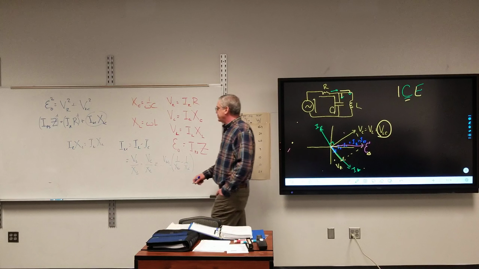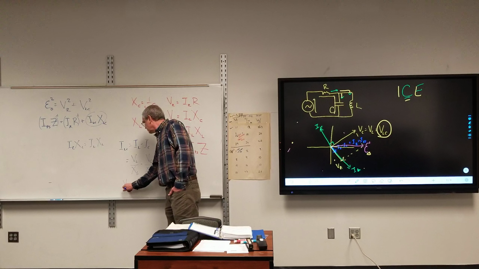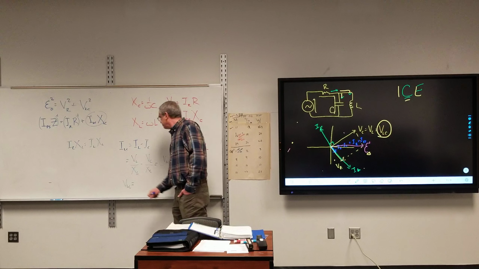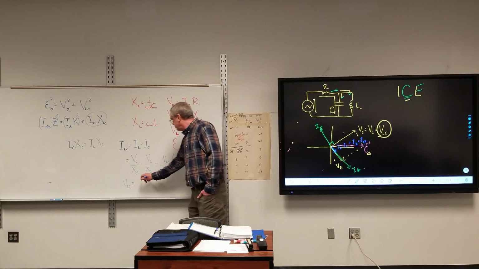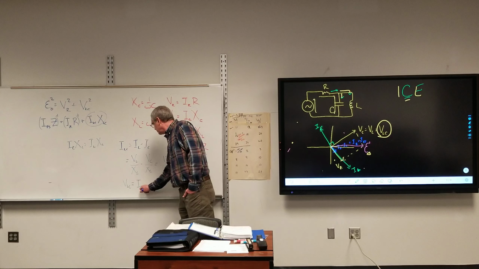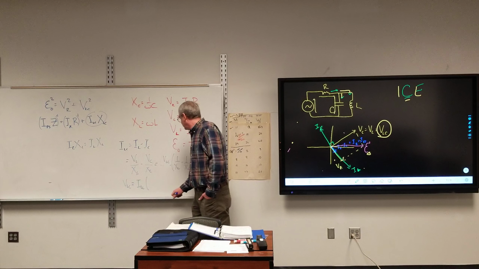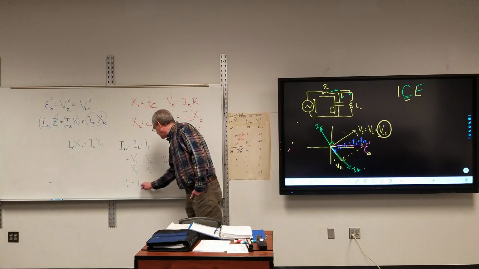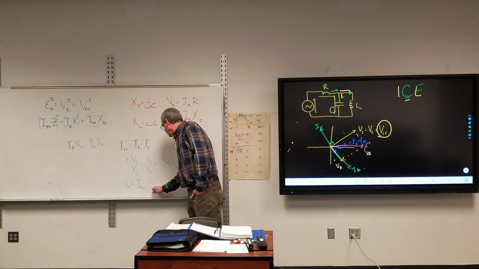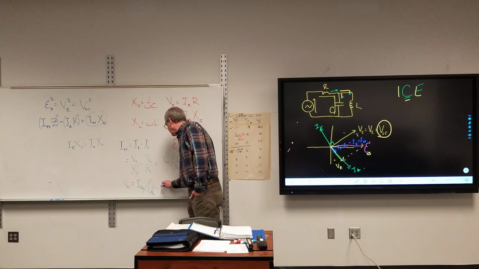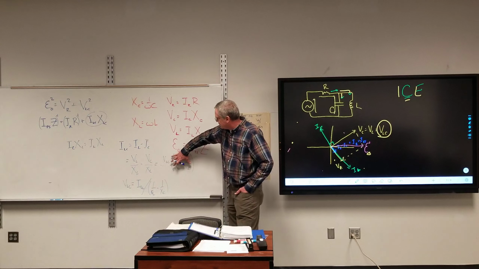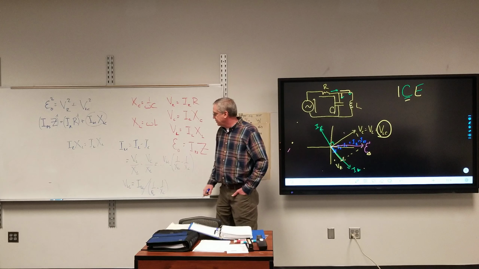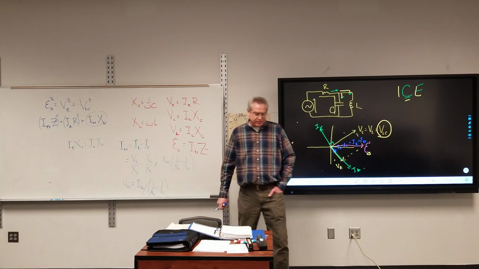Therefore, VLC is equal to ILC divided by 1 over XL minus 1 over XC. So all I did was I took this and I divided both sides by it, and got VLC by itself.